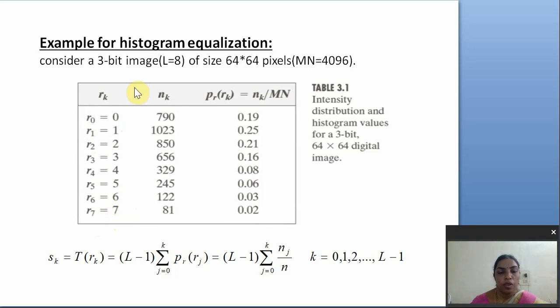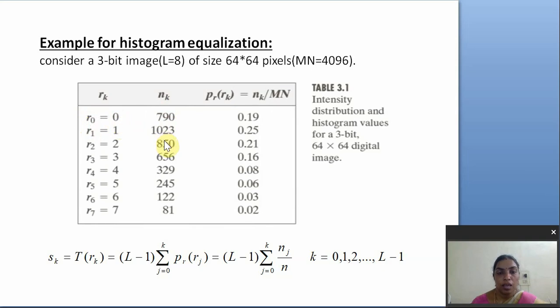Now coming to the second column, that represents the number of pixels with the gray level r_k. n_k is the number of pixels with the gray level r_k. That means n0 is the number of pixels with the gray level r0, which is 0. Here 790 pixels are there with 0 intensity in the image.